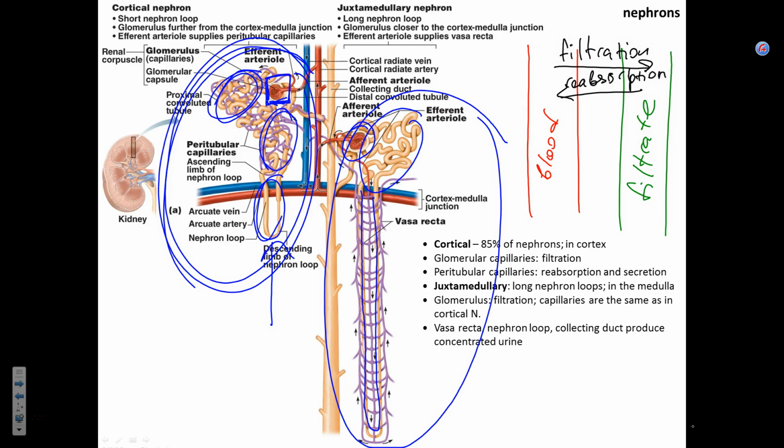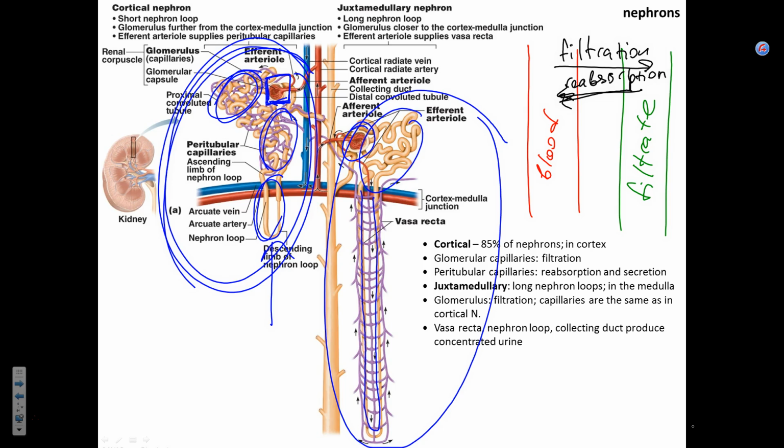You have to understand that when we say into the blood, it's actually first into the extracellular fluid and then into the blood. Does that make sense? Filtration is different. In filtration, there's no extracellular fluid step.